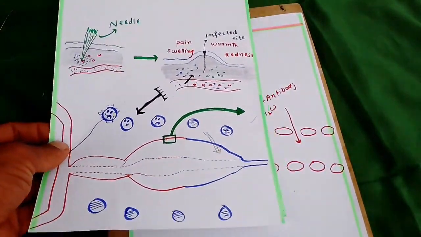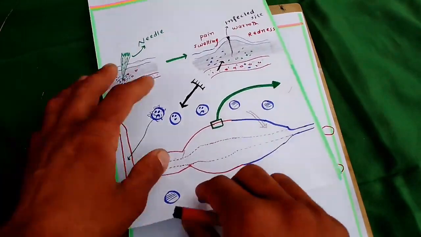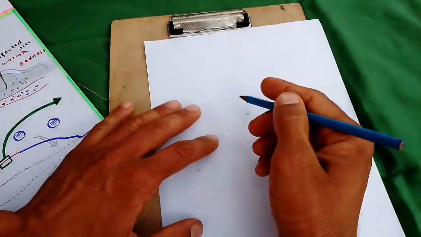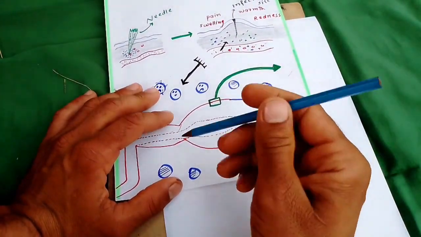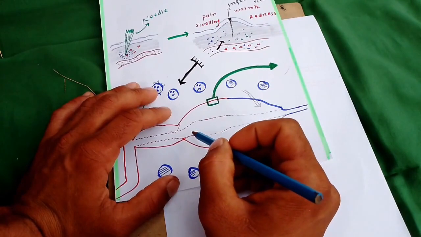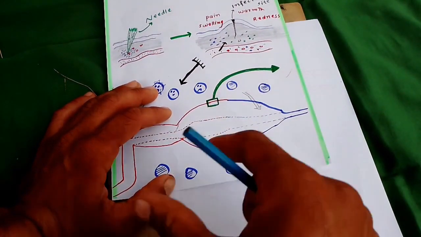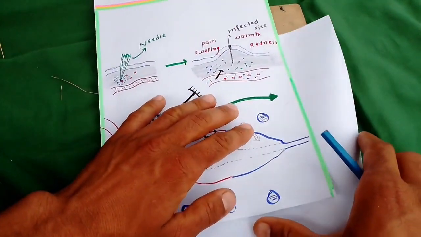How does this process occur? It occurs due to two pressures: hydrostatic pressure and osmotic pressure. What is hydrostatic pressure?